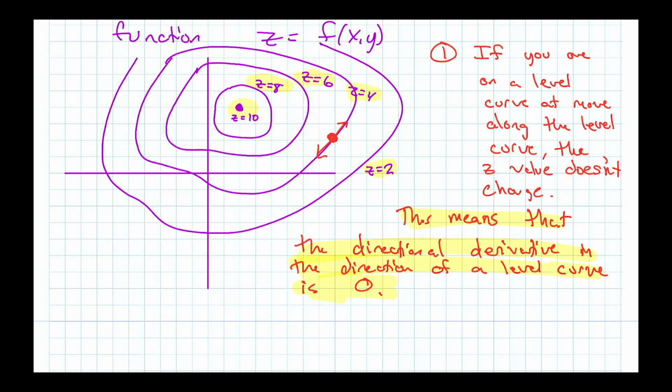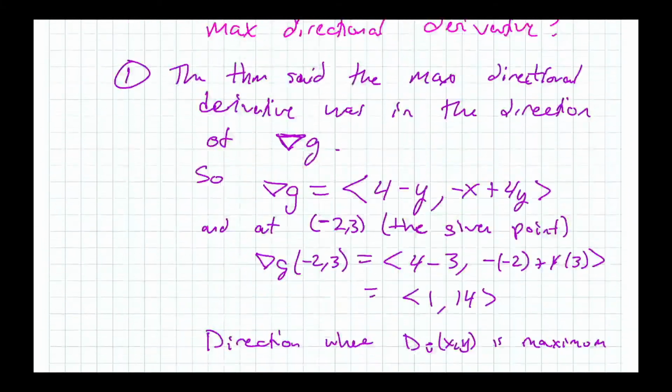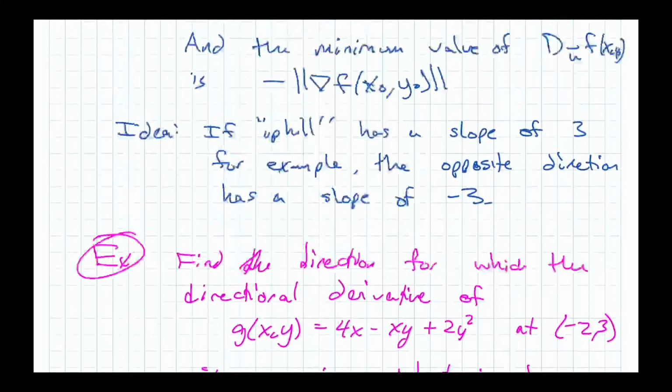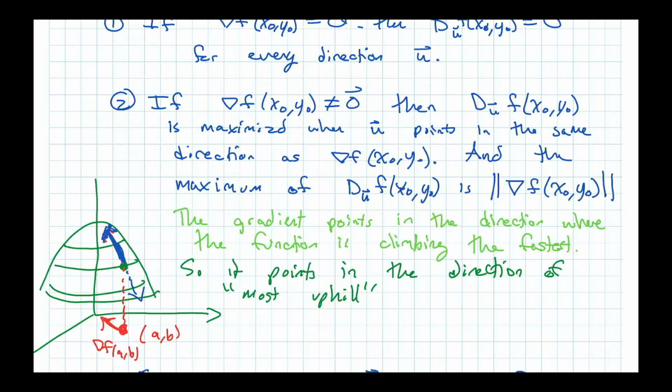Okay, now here's another question. What is the direction of maximum increase? What is the direction where the function increases the fastest? We actually know the answer to that because it was what we just talked about up here, right? The direction in which the function increases the fastest is the direction of the gradient, right?